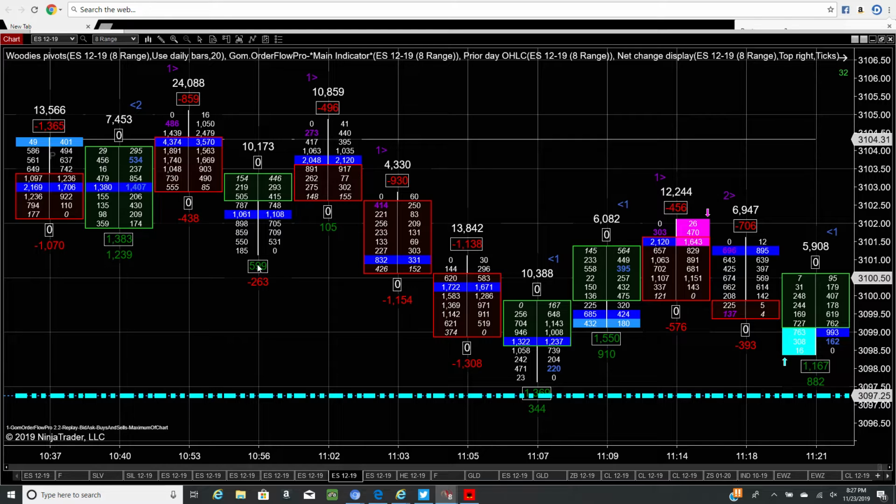Okay? The only time you need to pay attention to that divergence is when the point of control is outside of the candle box. Like you see this green box right here. The point of control is outside of that box. And you had another one right smack here, except on the flip side.